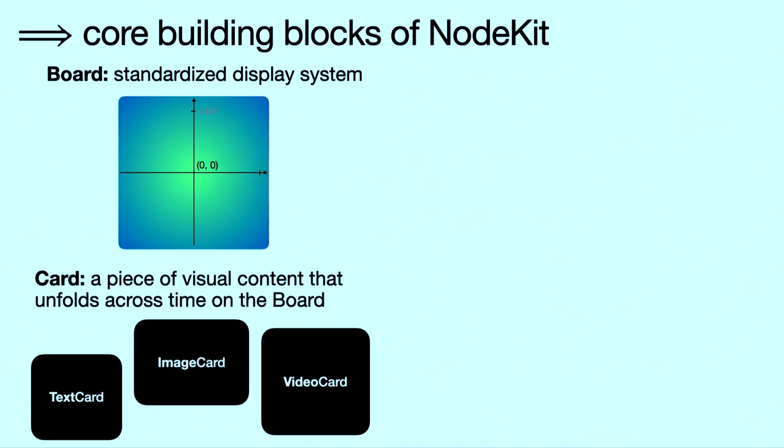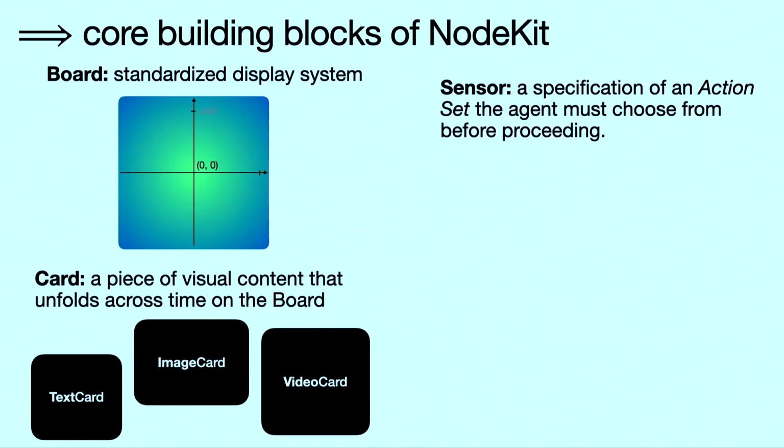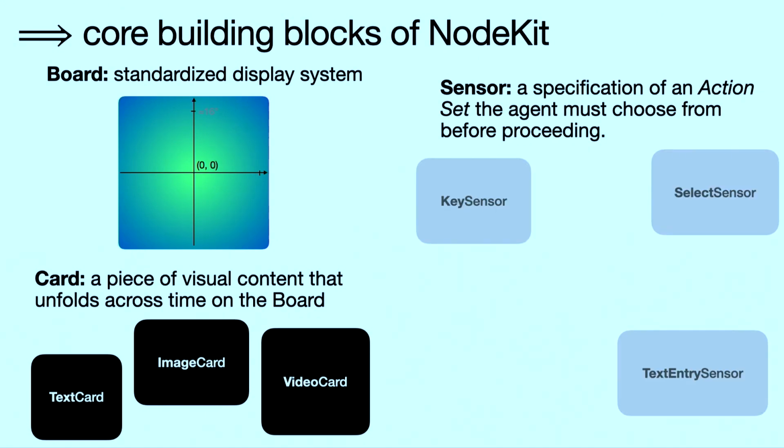These are pieces of visual content that unfold across time on the board. Lastly is the sensor. These are specifications of the set of possible actions that the agent can take before proceeding. Some sensors are the select sensor, the key sensor, text entry, slider, and the wait sensor.